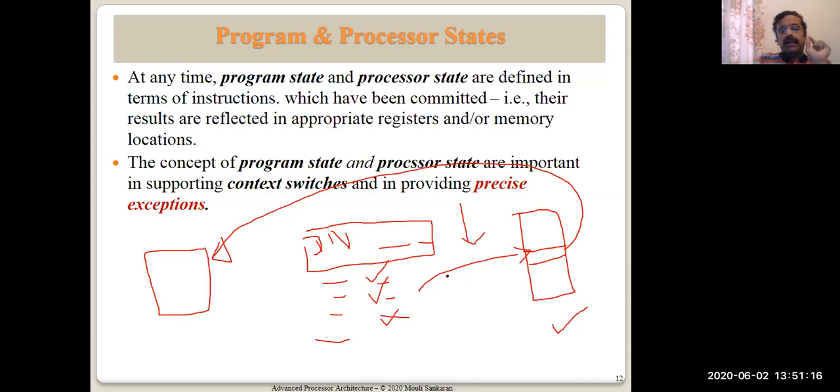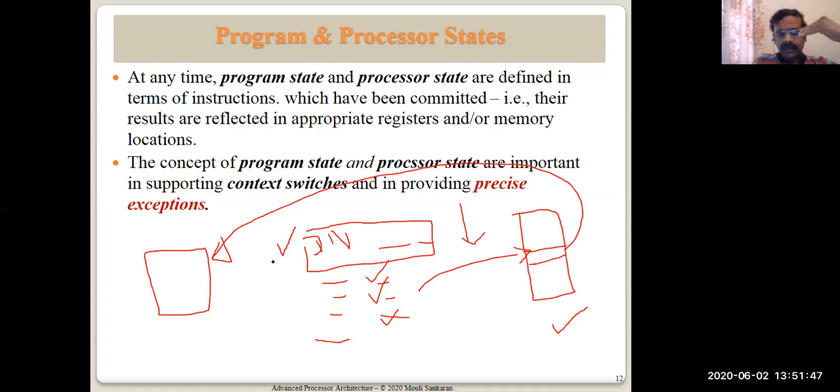If I store the intermediate results in ROB, then if this div is starting late and then gets into an exception, that means it got into some divide by zero error. Because of that, it cannot continue the execution. It should bring it to the notice of the programmer, creating an exception to the CPU, and the CPU will run an exception handler. That handler will do some repair work and then continue the execution.